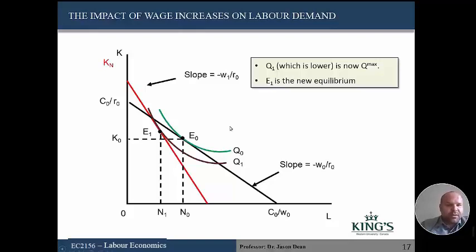So the new equilibrium point is at E1. Okay, so initially we were here, we had an increase in the wage. That is going to make us want to produce less, and our new equilibrium point is represented here. So we're going to have a new Q1, and it's going to be tangent to the new isocost line.